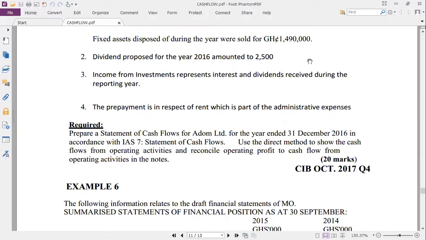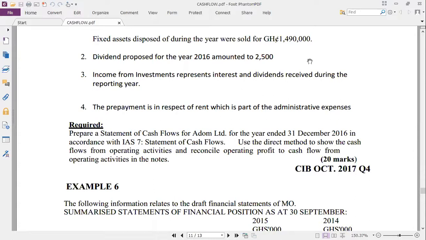It means that first we are using the direct method. That's the first requirement. Use the direct method to show the cash flow from where? Operating activities. Because we said that the difference between the direct and indirect has to do with the operating activities.